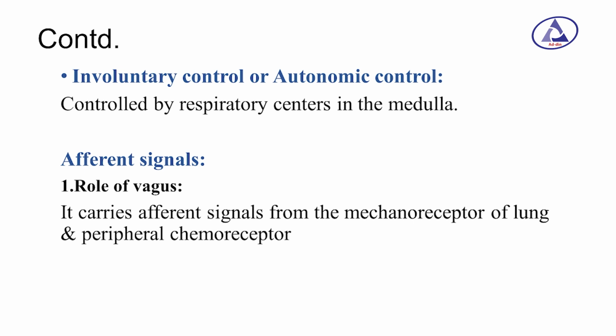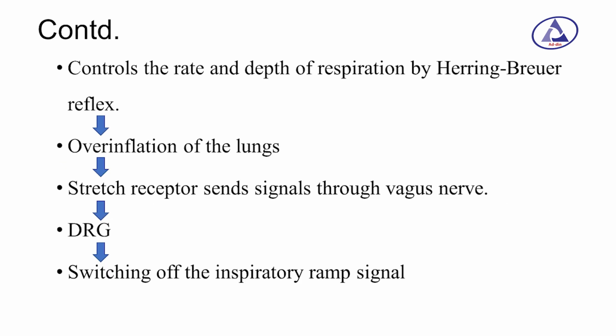Mechanoreceptors are located in each and every part of our joints, muscles, tendons, etc. So whenever the lungs expand, the outer thoracic cavity has muscles, and muscles have mechanoreceptors. Whenever the lungs expand, these receptors are stimulated and they send signals to the brain, and also the peripheral chemoreceptors. Now, it controls the rate and depth by the Hering-Breuer reflex.